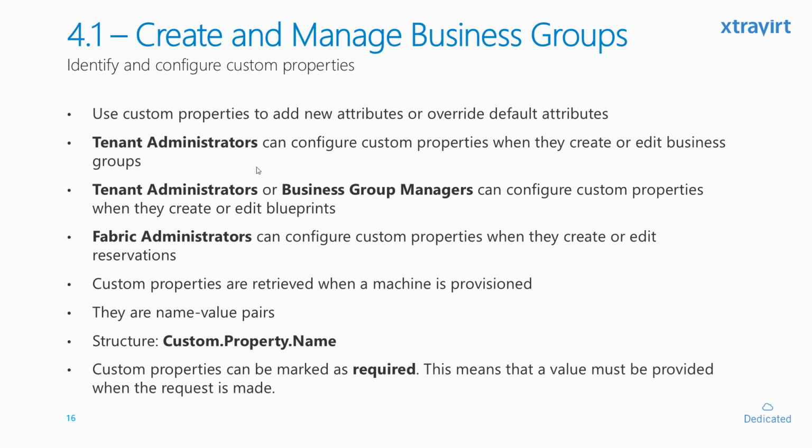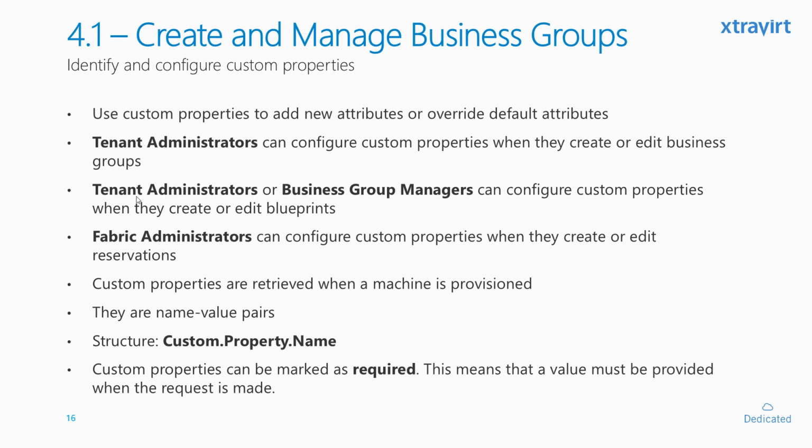It's the job of the tenant administrator to configure custom properties when they're creating or editing business groups. Tenant administrators or business group managers can also configure custom properties when they create or edit blueprints.